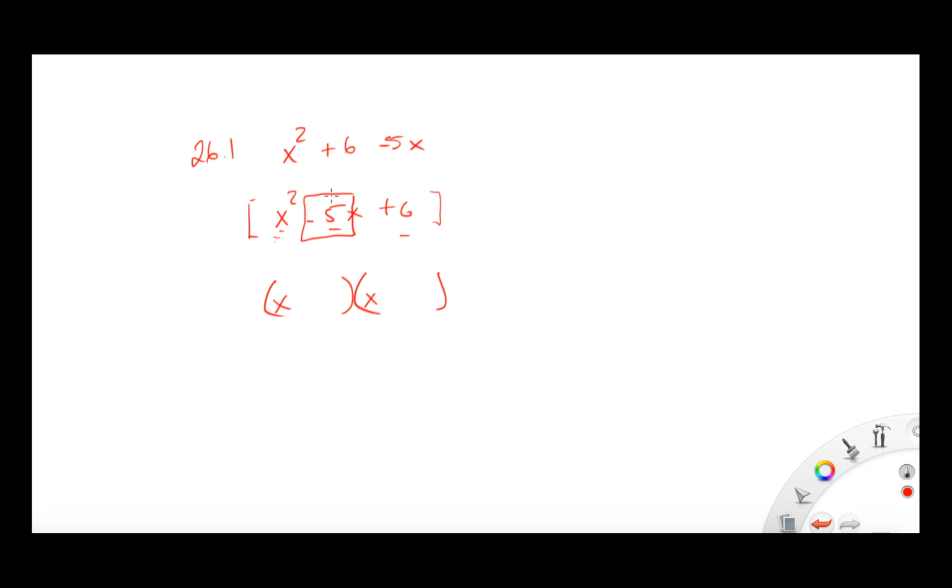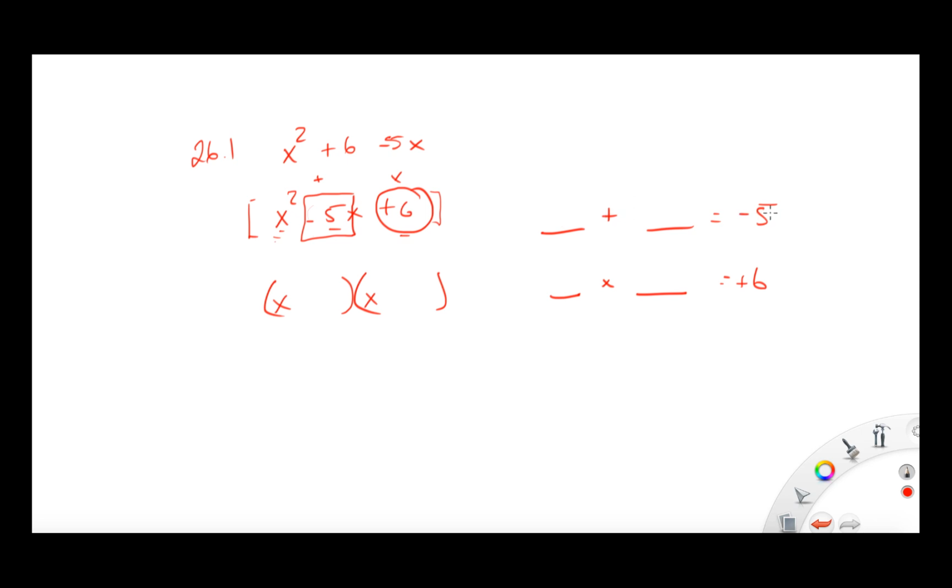What we're going to do is we're going to say there are two numbers that when added equal a negative 5. Don't worry about the x for right now, just worry about this negative 5. And then for this number, there are two numbers that are multiplied together that equal a positive 6. This one is added, this one is multiplied.